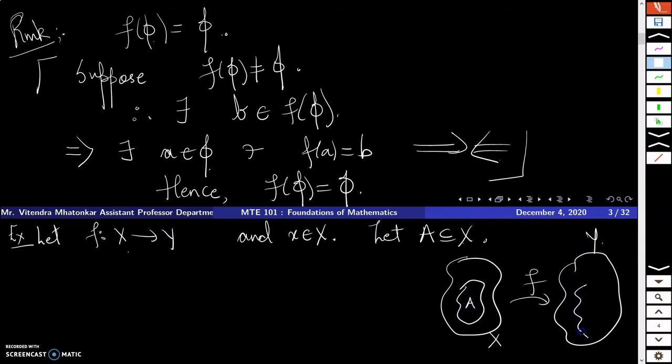So f of A will be some set here. All the images of the points from A under the function f are inside the set f of A, and x is a point in the set capital X such that let's assume its image is inside the set f of A. Let's say it is here.